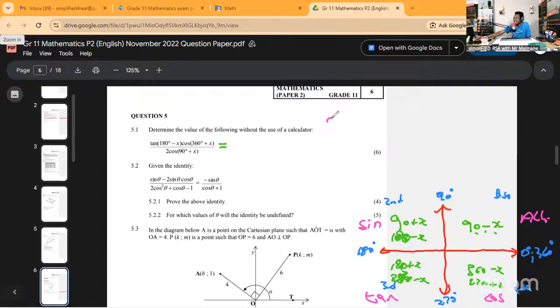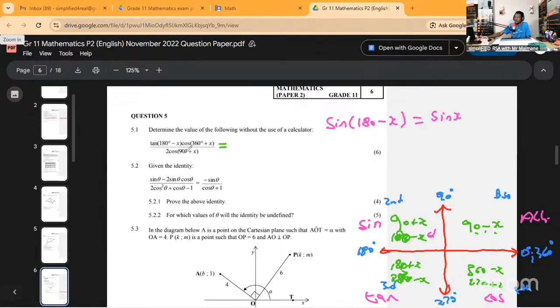Like for instance, if you have sine of 180 degrees minus x, that 180 doesn't play a role, it directs you as to which quadrant you're looking at. So 180 minus x is going to be the second quadrant. So you just write it as sine x and write it as positive, because sine is positive in the second quadrant.